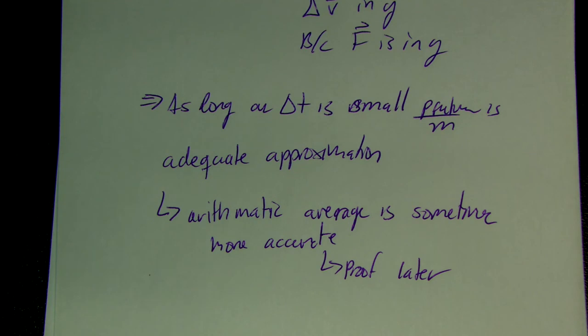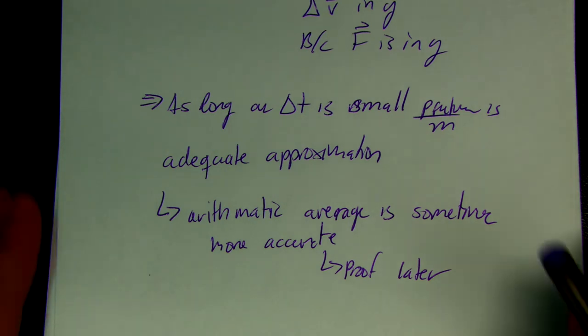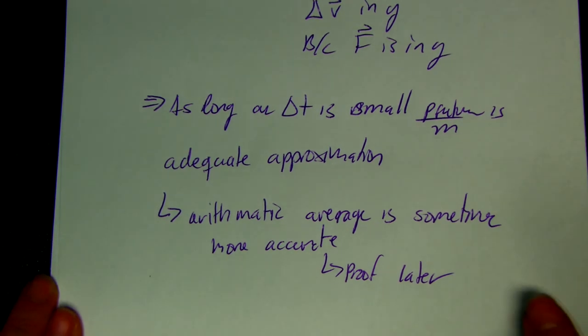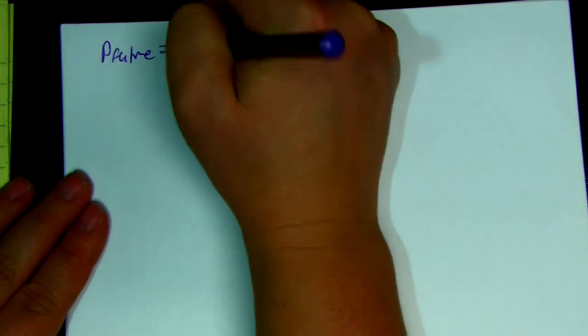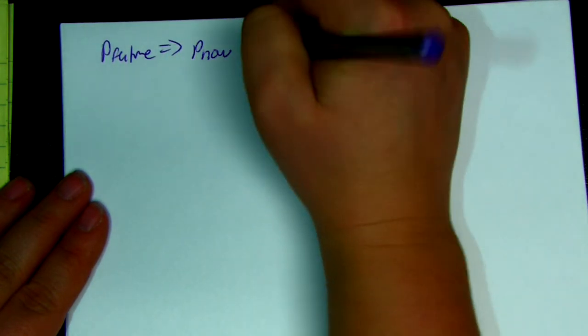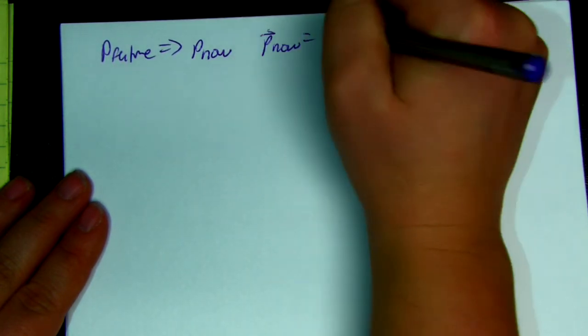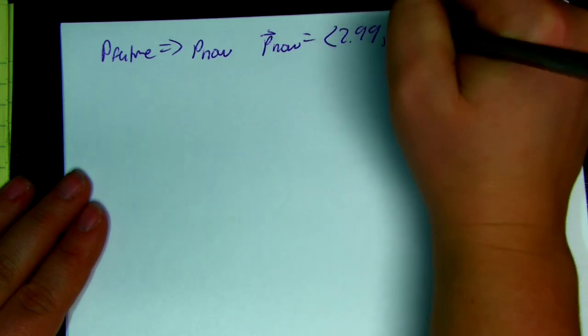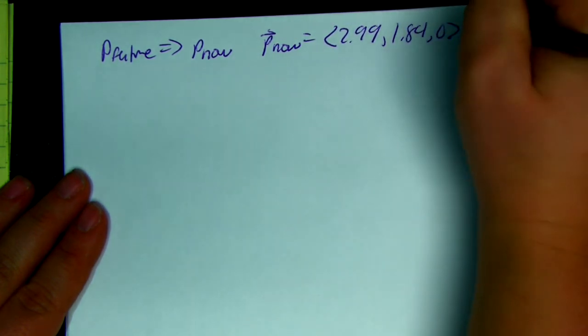All right, so we have just calculated one iteration of motion of this golf ball. So how would we start step 2? Well, for step 2, P future becomes P now. So P now is now equal to <2.99, 1.840, 0> kilogram meters per second.